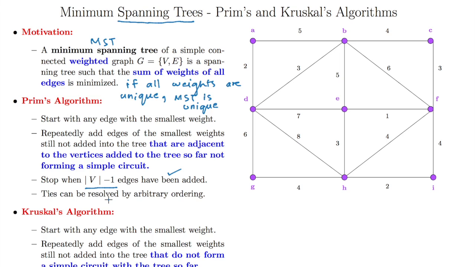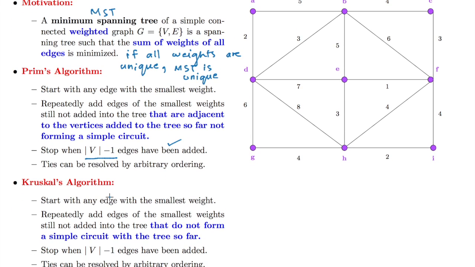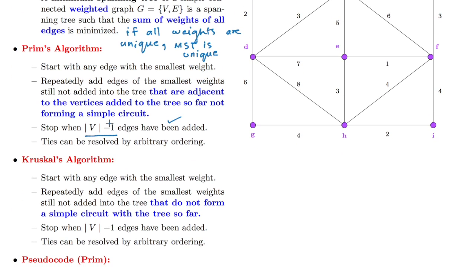For Kruskal's algorithm, it's very similar to Prim's algorithm, but with some key differences. We start with any edge with the smallest weight, which is the same as in Prim's. But then when we repeatedly add edges, the condition of adjacency to the currently formed tree is not there.